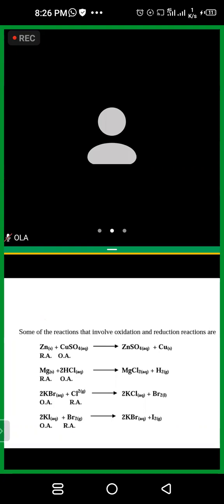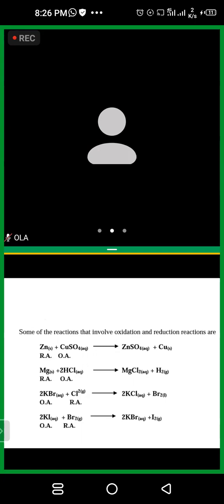You lent the person 20 naira, and that means the person has borrowed 20 naira from you. Because the person borrowed from you, the person has reduced you. But you have given to that person, you have helped the person, and we can say you have oxidized the person. I hope it makes sense.